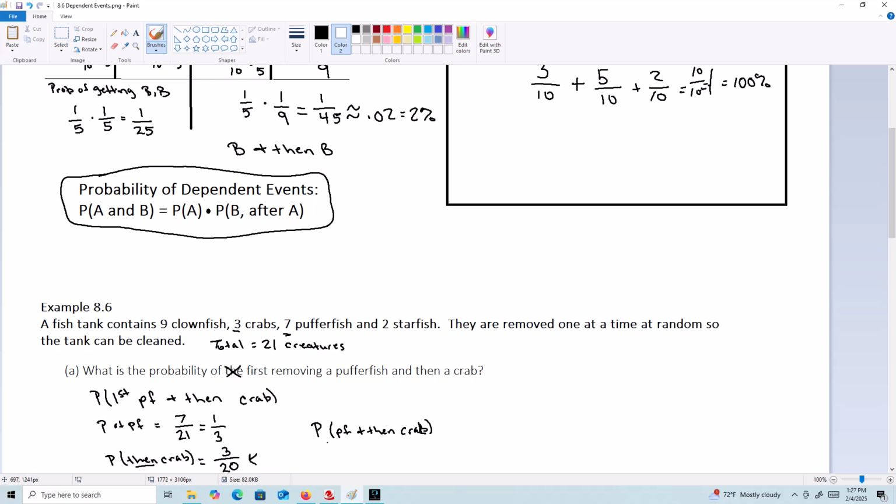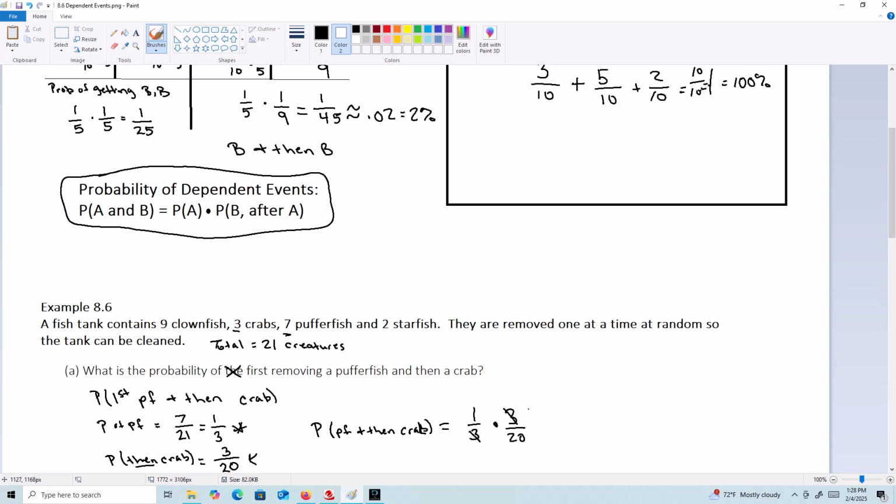I want the probability of getting the pufferfish first and then the crab. That's going to be 1/3, which I got from right here, times the probability of then getting the crab, 3/20. Now remember, reduce whenever possible.